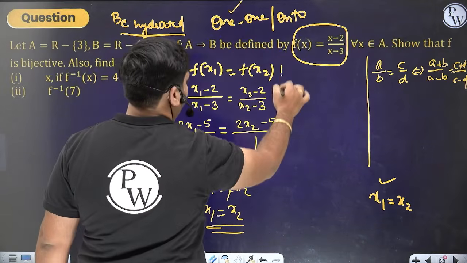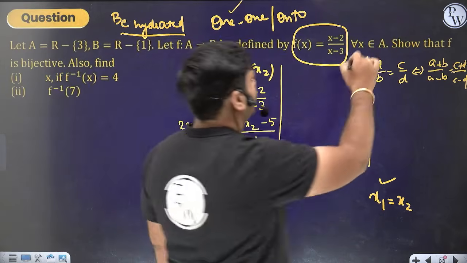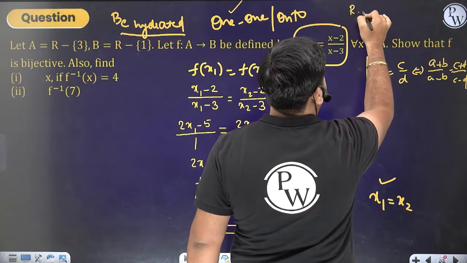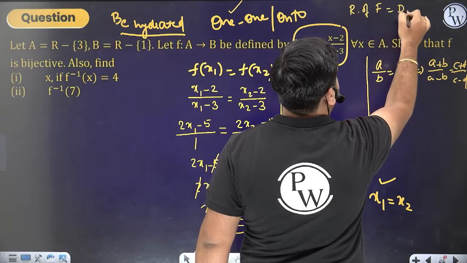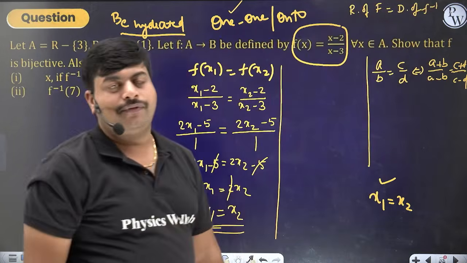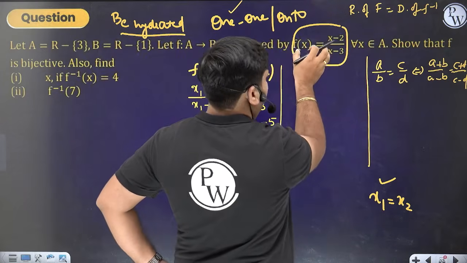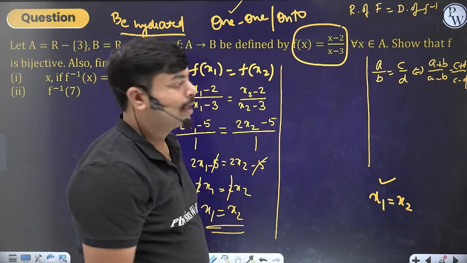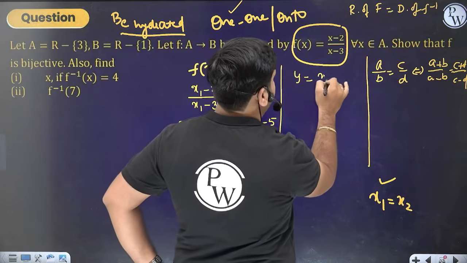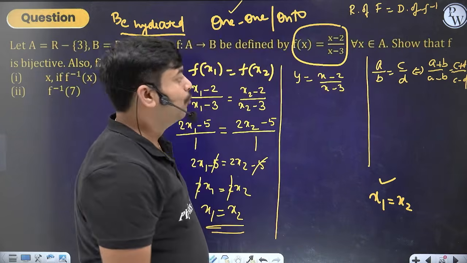So now how to prove that it is an onto function? In an onto function, the range of f will become the domain of f inverse, or vice versa. Domain of f will become the range of f inverse, right? So I'll try to bring f inverse for this. I'll take y is equal to x minus 2 by x minus 3. Cross multiply and bring the value of x.